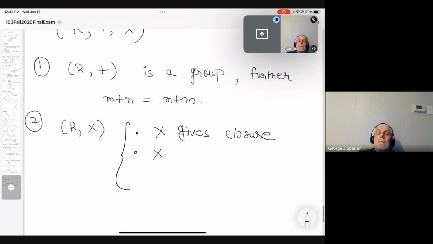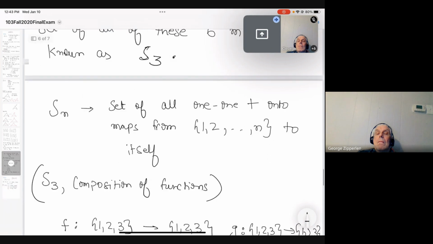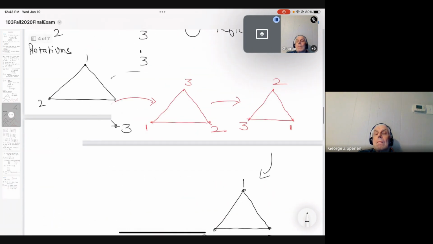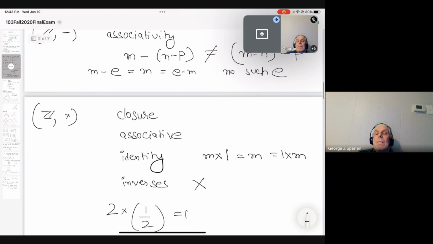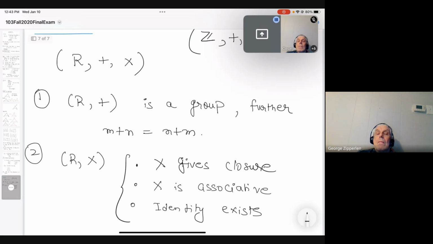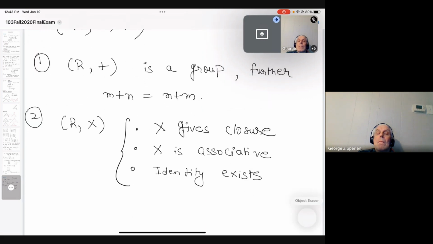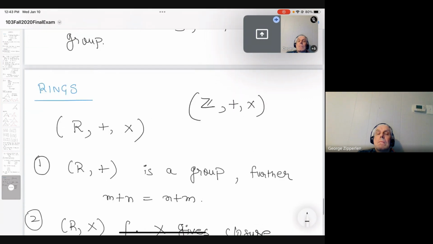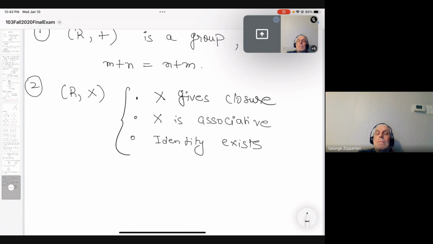This multiplication is associative, and identity exists. But what we are missing is inverses, like we had with integers. So we have closure, associativity, identity, but we are missing inverses. In general, in a ring, we don't impose this condition of inverses. Having multiplicative inverses is really a special thing, so we don't impose it.